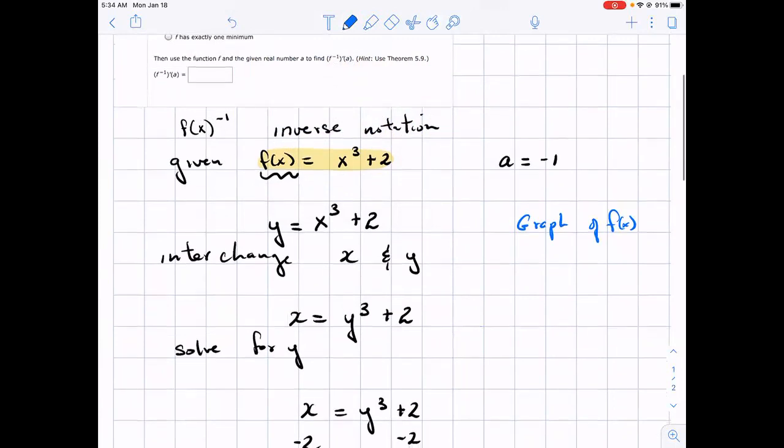If you look briefly at a little sketch of the graph, you should know what x cubed plus 2 looks like. It's the cubic function shifted 2 units up. So your graph looks like this.